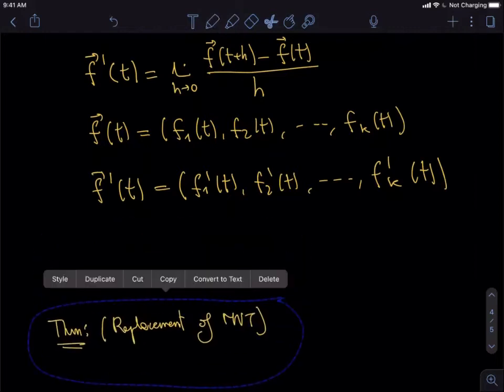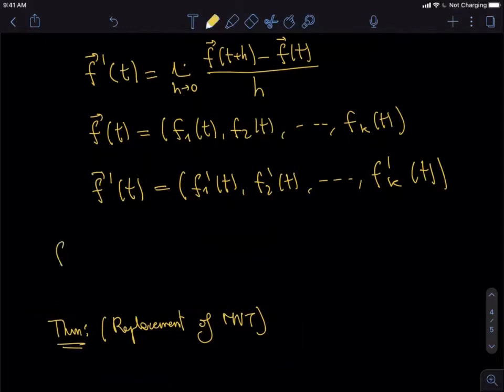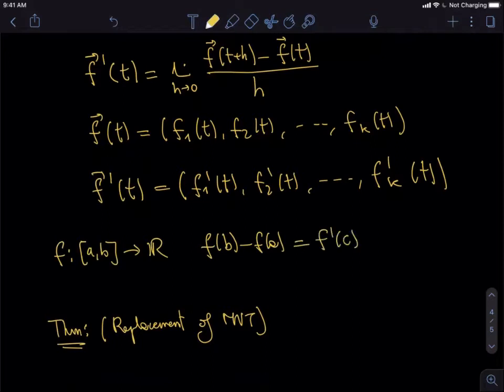What we are going to do, if you notice, for a function f that goes from [a,b] to R, the mean value theorem says f(b) minus f(a) equals f'(c)(b minus a) for some c in (a,b), right?